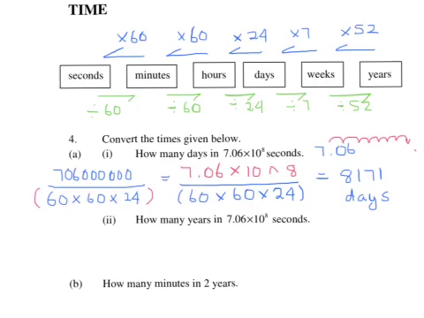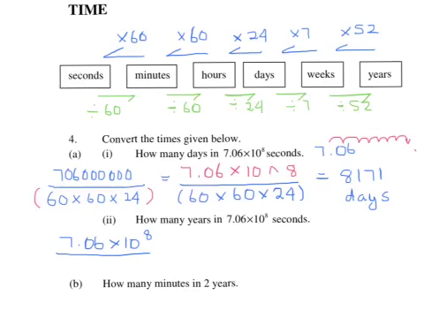Now to find how many years there are in that number of seconds, take the original quantity in seconds, and now we're converting from seconds to years, so we're going from the left hand side of the table all the way up to the right.